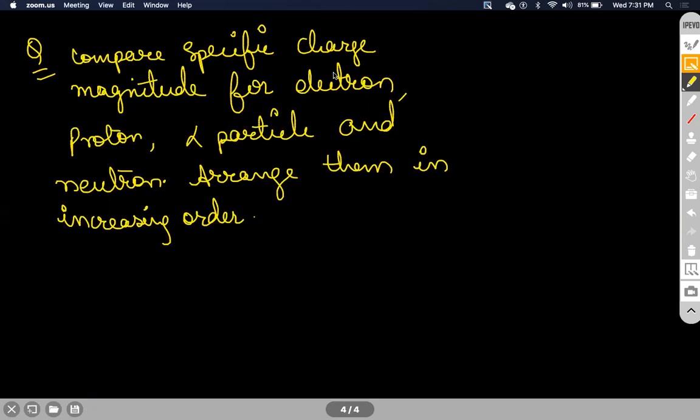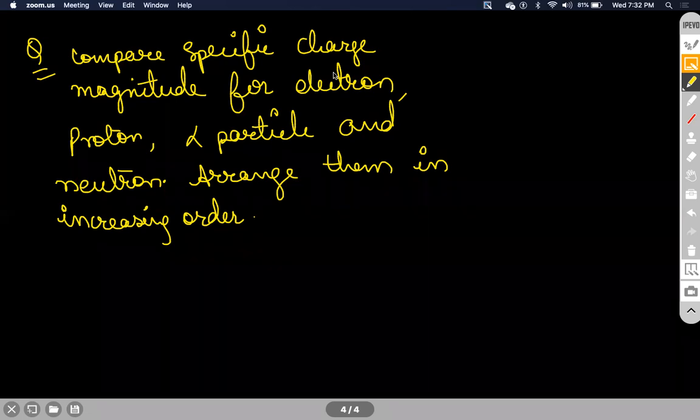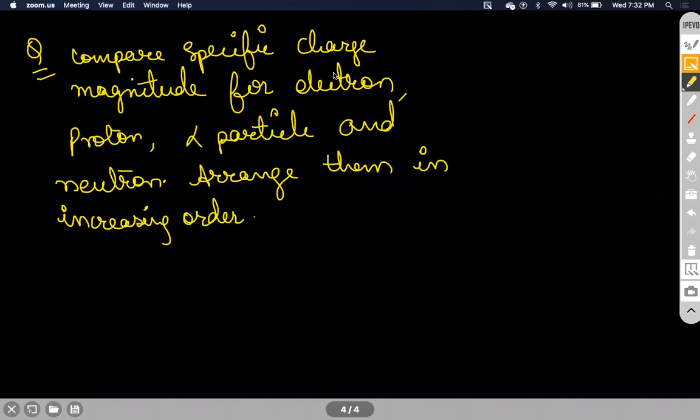Naren, correct answer. Where is alpha particle, Sadhna?